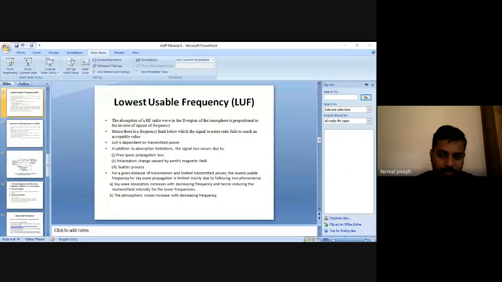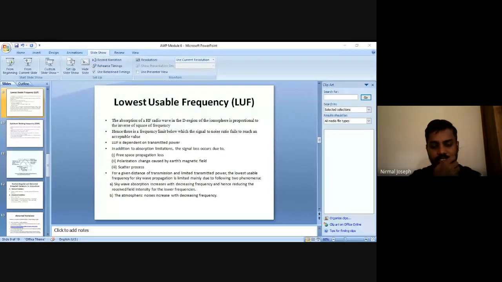Yes, one or two are replying at least. Yes, the D layer will disappear during night.